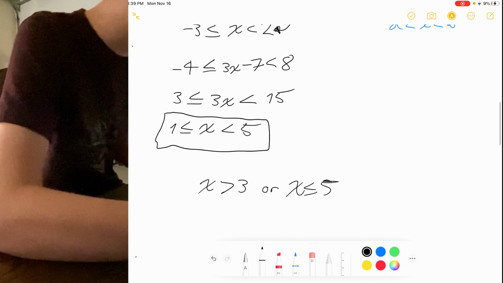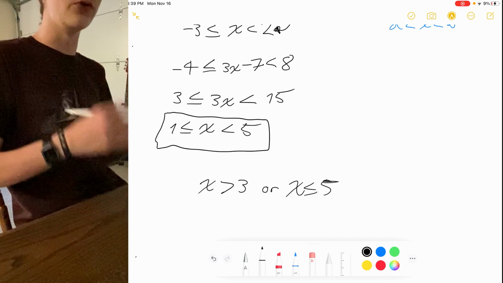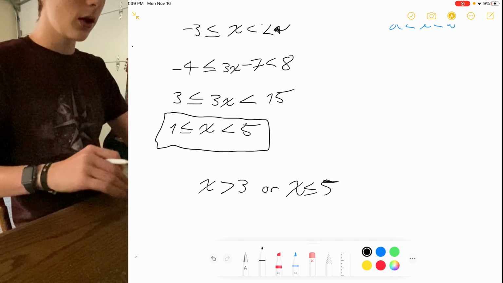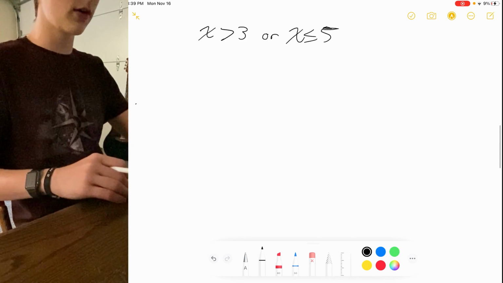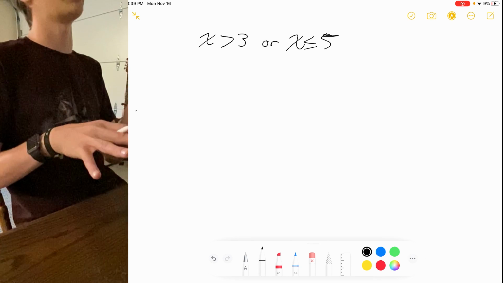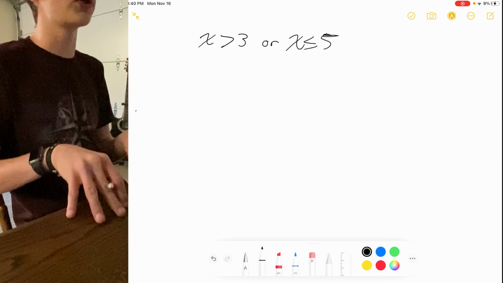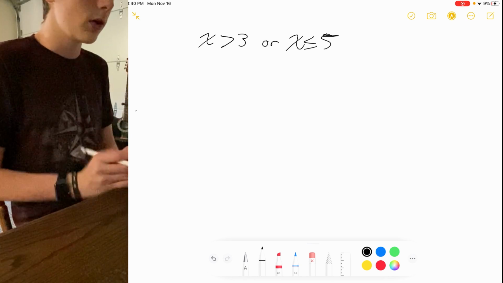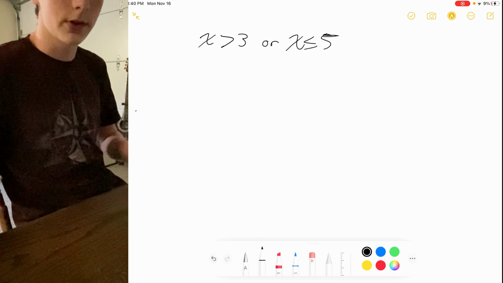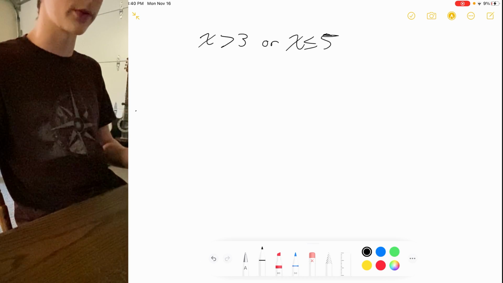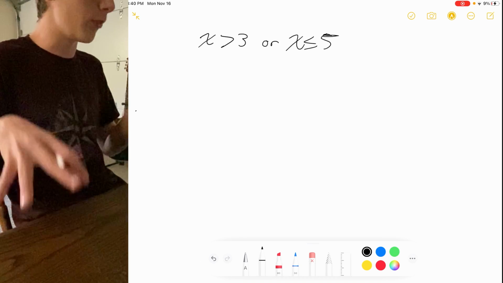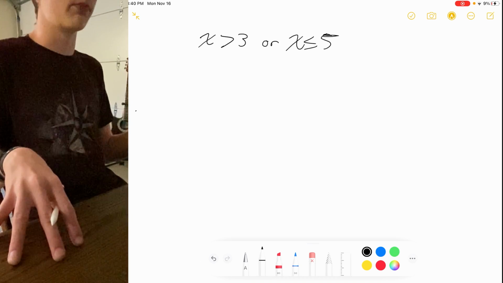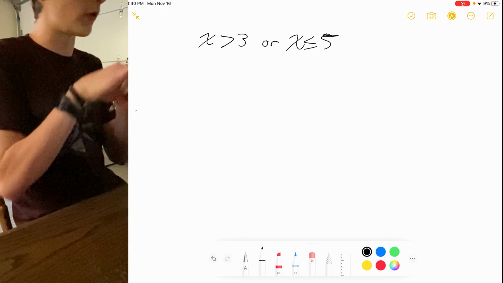We actually have a name for this. This is called the union of two sets. What that means is we're taking both of these sets, and sets are just sets of numbers represented by these inequalities, right? There are a lot of numbers that work with each inequality. So we're taking both of those sets of numbers and putting them together. It's a union, right?